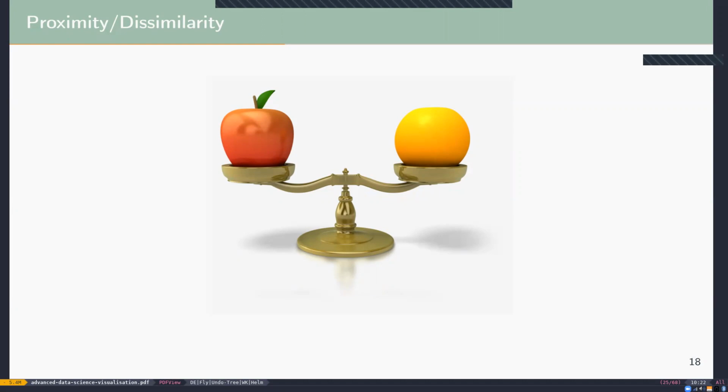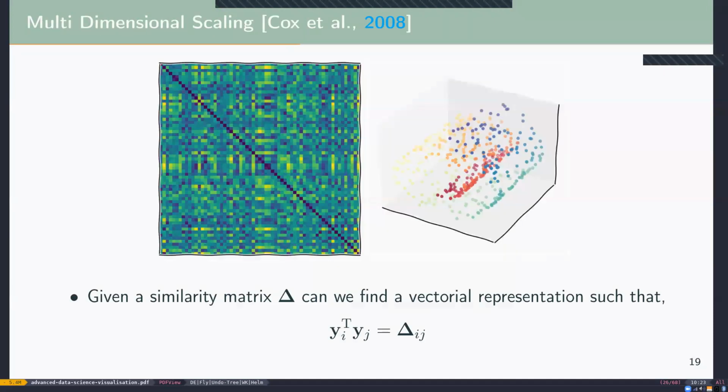Then I want to go from that to an actual vector representation that says, you're going to sit here. So we can think about this as follows. Remember our manifold notion that we had before?